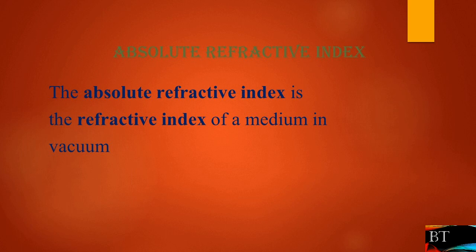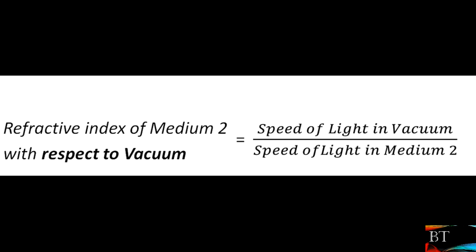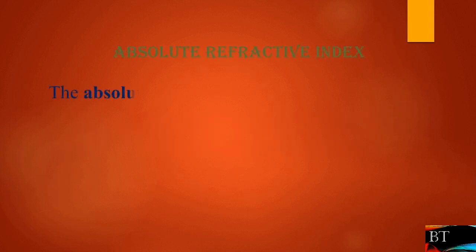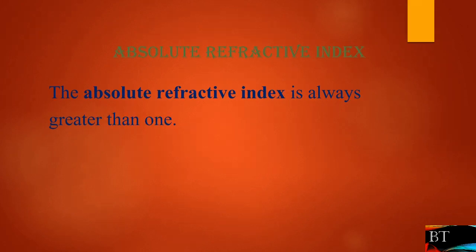Hence, the absolute refractive index of a medium is defined as the ratio of the speed of light in vacuum or in air to the speed of light in that medium, or as the ratio of the wavelength of light in vacuum to the wavelength of light in that medium. The absolute refractive index is always greater than 1 since the speed of light in vacuum is maximum.